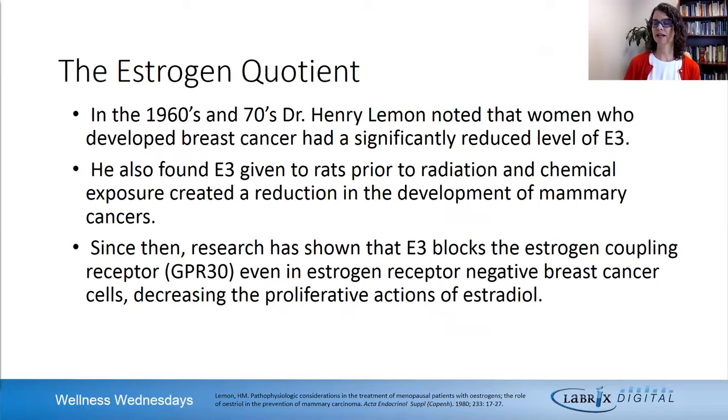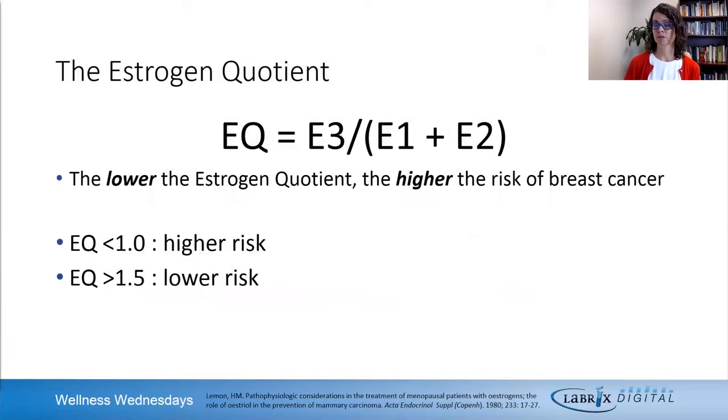He also found that E3 given to rats prior to radiation and chemical exposure created a reduction in the development of mammary cancers. Since then, research has shown that estriol blocks estrogen coupling receptor, GPR30, even in estrogen receptor negative breast cancer cells, decreasing the proliferative actions of estradiol. So E3 is very protective against cancer.